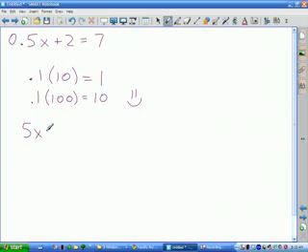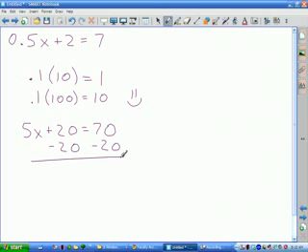So look, what I would have is 5x, moving the decimal 1 place, plus 20 equals 70. Now I don't have those decimals that could cause me problems in my arithmetic. So I just subtract the 20, and now I have 5x equals 50.